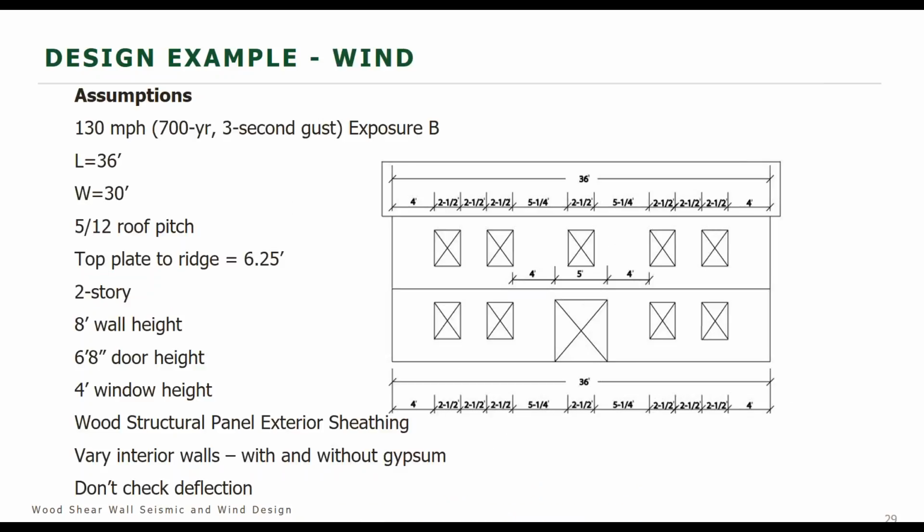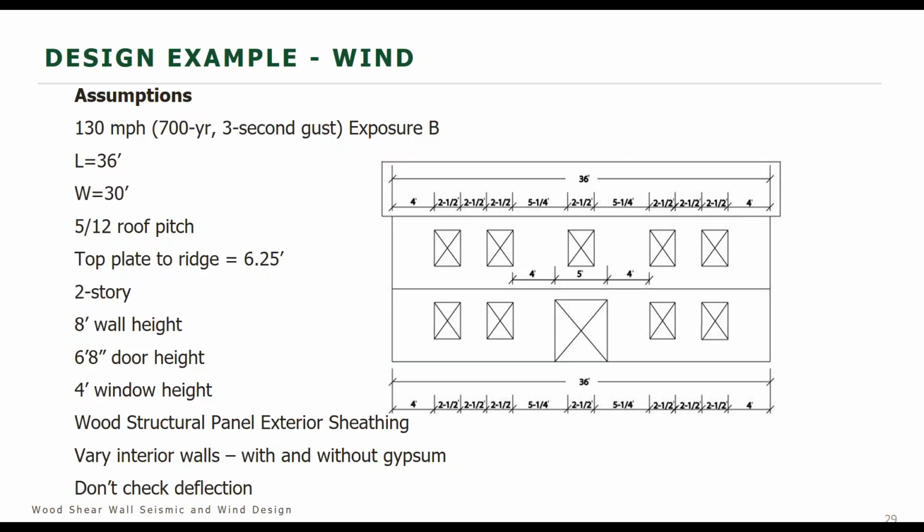So for our wind example, we're assuming it's a 130 mile per hour wind zone, exposure B. The wall we're looking at is 36 feet long, and the wall that runs into the plane of your screen would be 30 feet, so that's the wall perpendicular to this one.